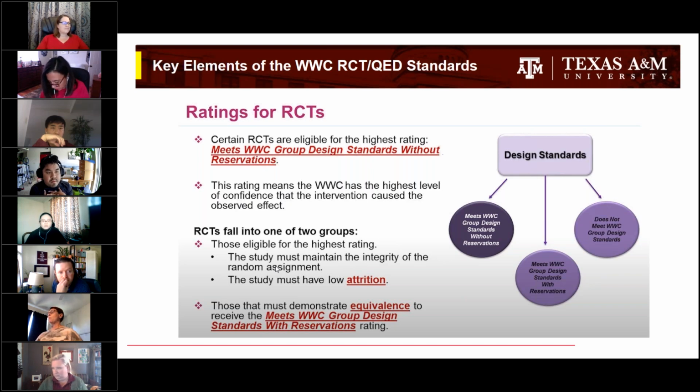And also based on what I read for ESSA, for schools to receive funding, the findings have to be rated as tier 1 and tier 2. To be rated as tier 1 or tier 2, they also have to meet the WWC standards with or without reservation. So it's like a reference for us as researchers or practitioners when we want to design an intervention study.